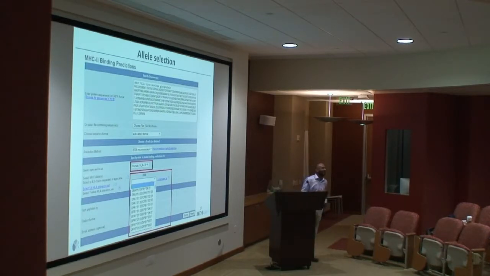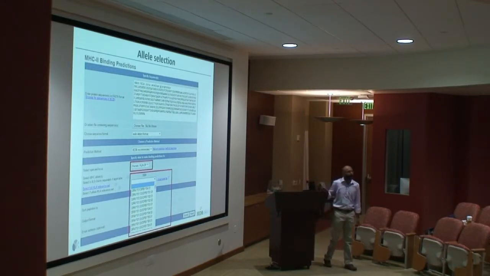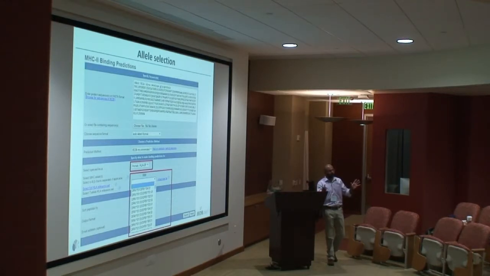Thanks. You mentioned that there are some alleles not in the reference set, right? The reference set has only 27 alleles, which are the most frequent alleles in the global population.